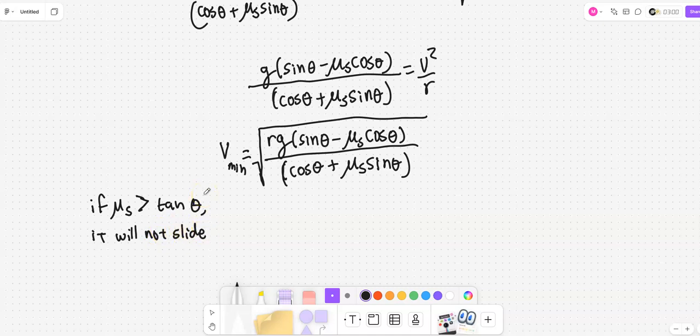So in this case, the coefficient is 0.07 and the tangent of 33, trying to use Desmos here.